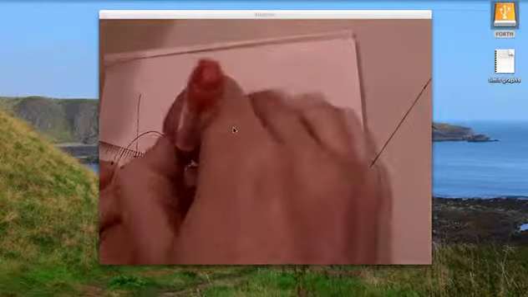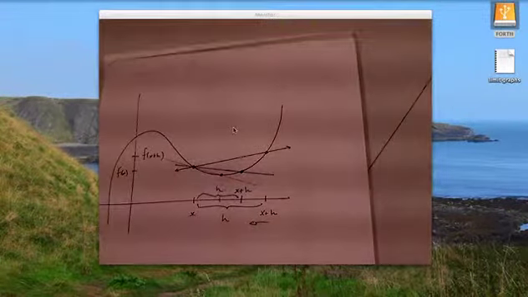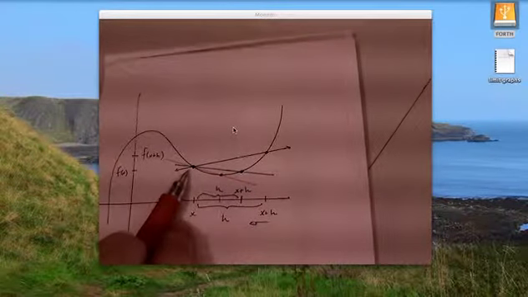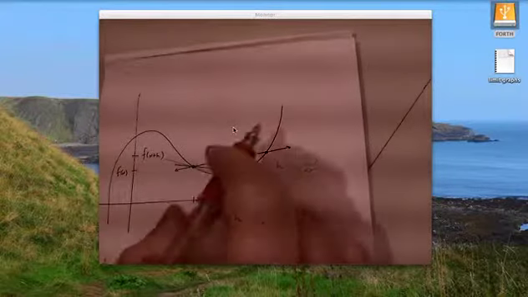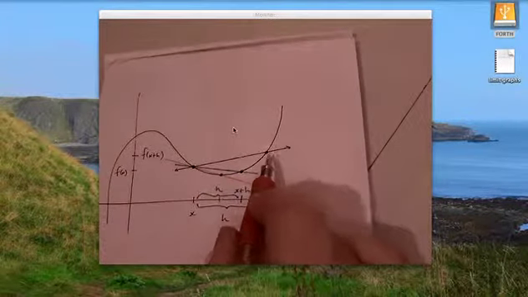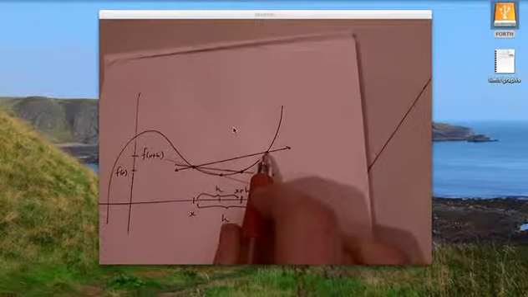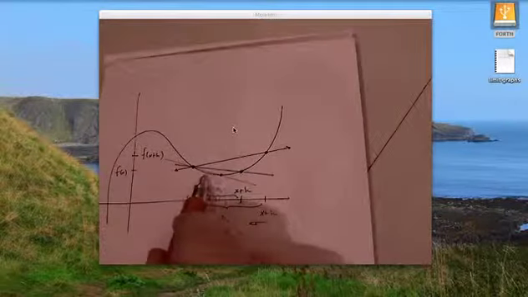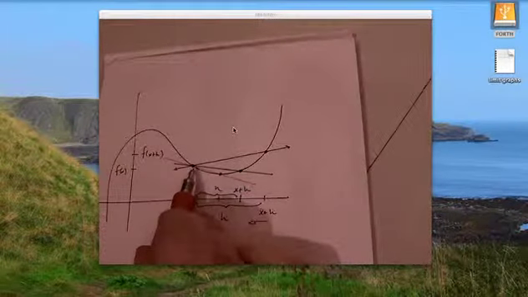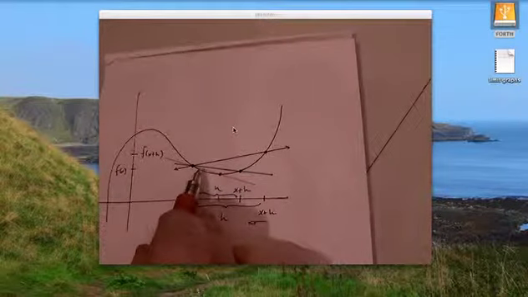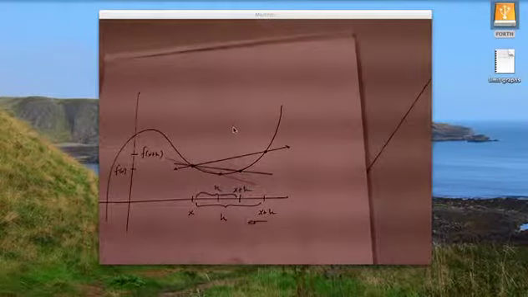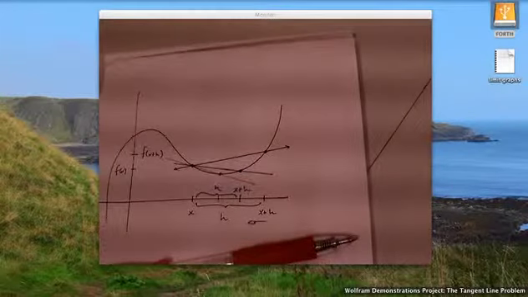Well, what happens here is I'm trying to get at the actual slope at x, f of x by taking this second point through which the secant line runs and drawing it back towards that original one. And the closer and closer I get, the better and better approximation I get.